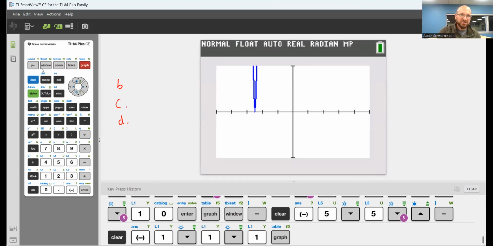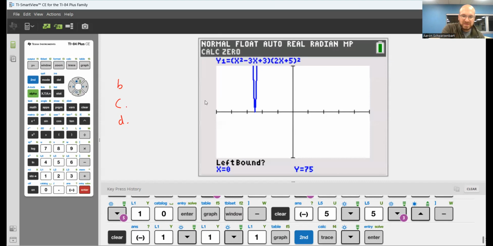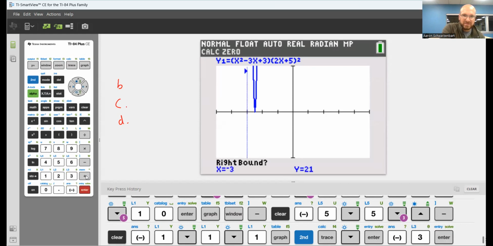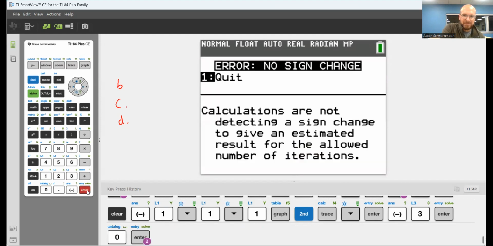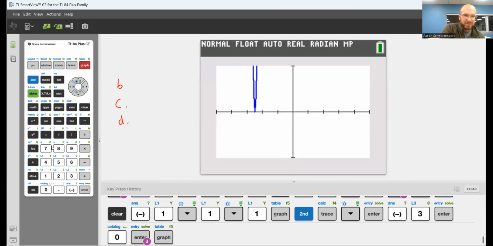So we're asked, when is it greater than 0? I need to find what that point is. And I can actually type in a left bound since it's so small. Left bound, -3. Right bound, we'll just go 0. That's fine. I don't know why that didn't work. Hold on.